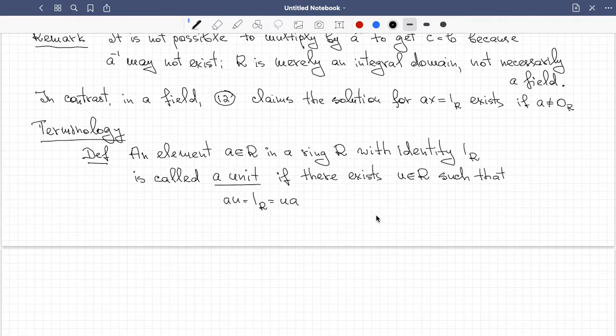So U is referred to as the multiplicative inverse of A. Of course, if A is a unit, then U, its inverse, is also a unit, which comes from the same requisite.